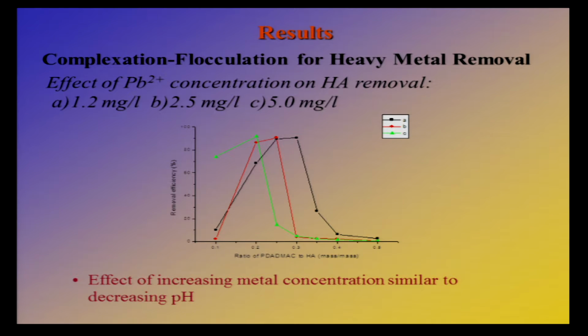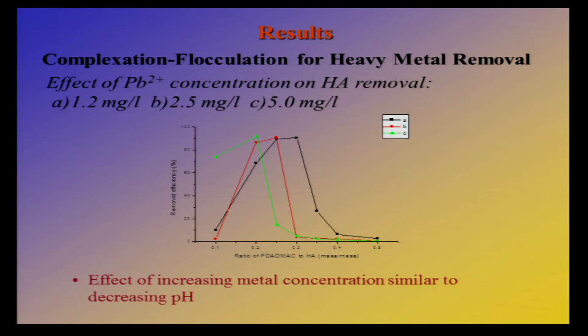So the effect of increasing the metal concentration is similar to that of decreasing the pH, in the sense that the optimum ratio of flocculant to humic acid is decreasing slightly, just like we saw with decreasing pH. And we see that the adsorption itself is dropping slightly.